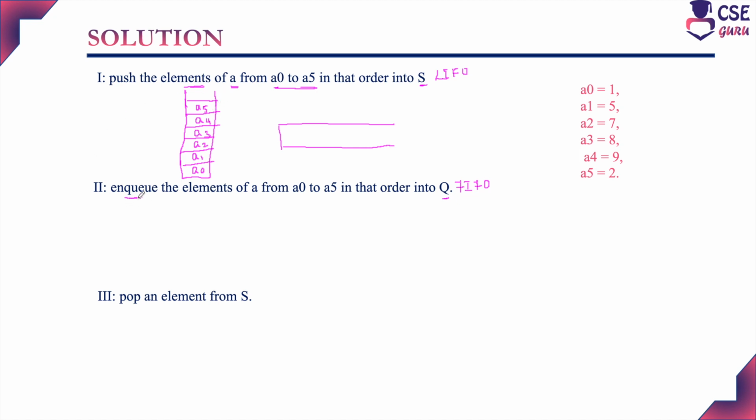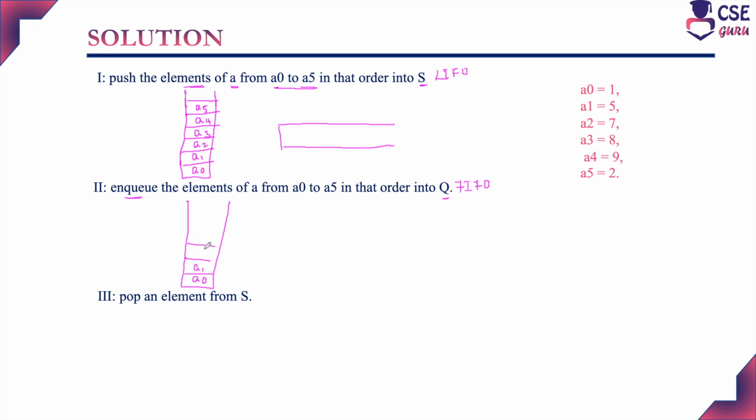Next, second operation: NQ the elements of A from A0 to A5 in that order into Q. The stack will be as it is, A0 to A5.